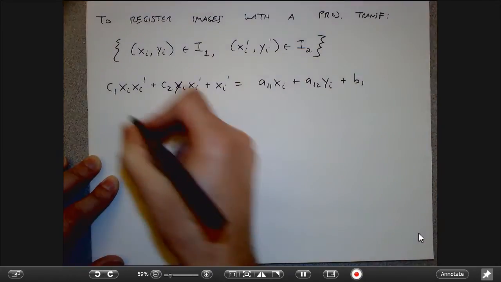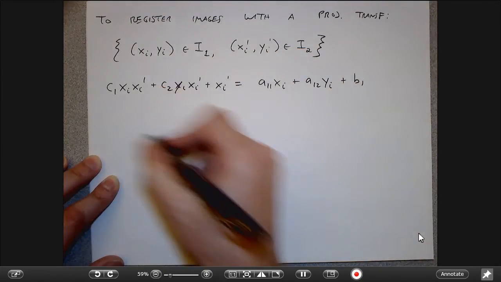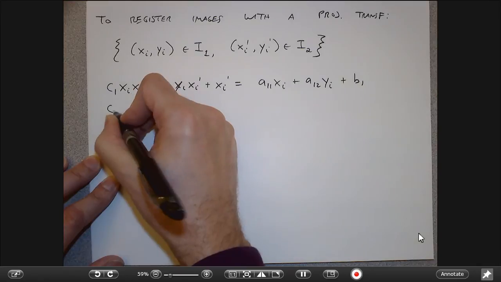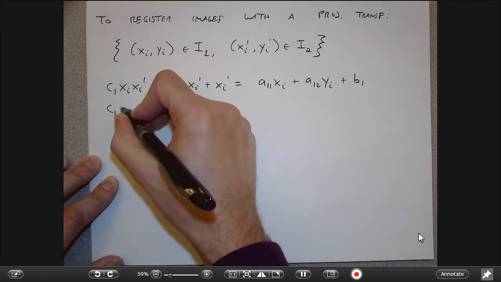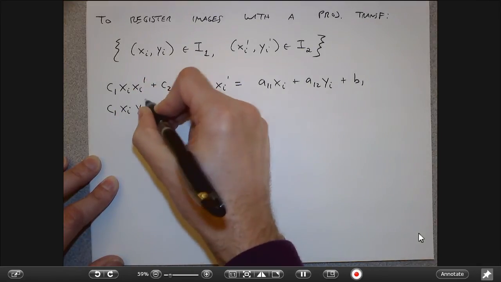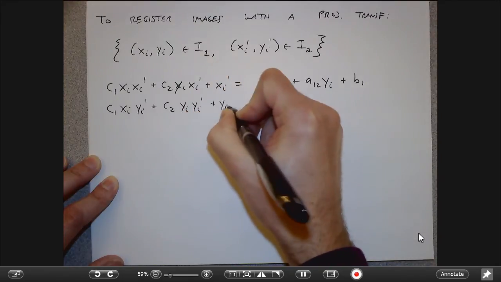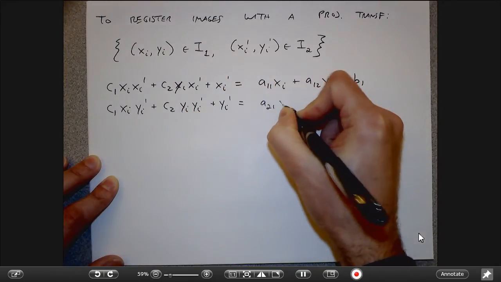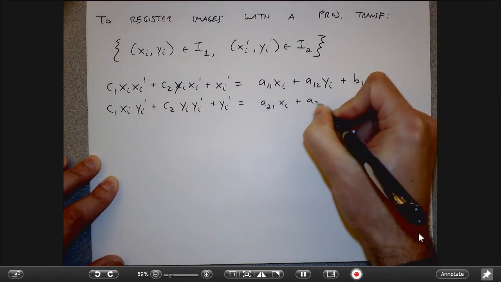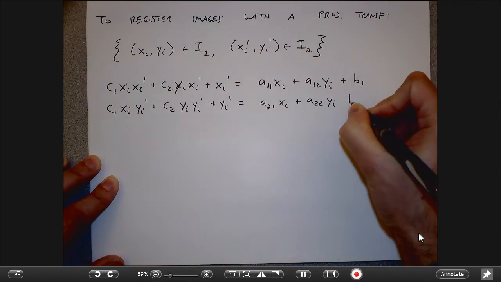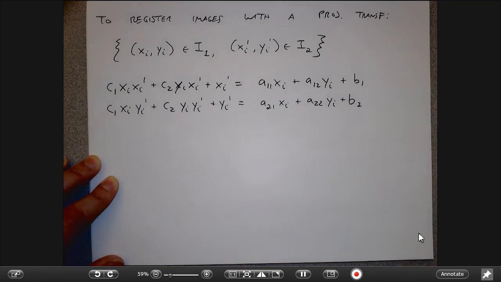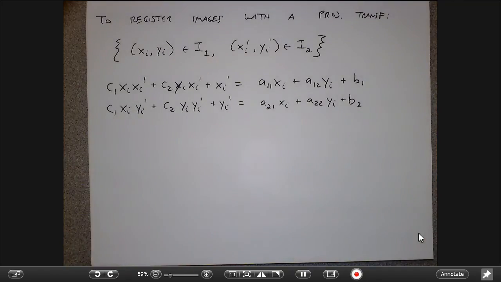And if I do the same thing for the y part, what I get is C1 xi yi prime and so on. All I did was multiply both of those equations of the previous slide by their denominator, okay?